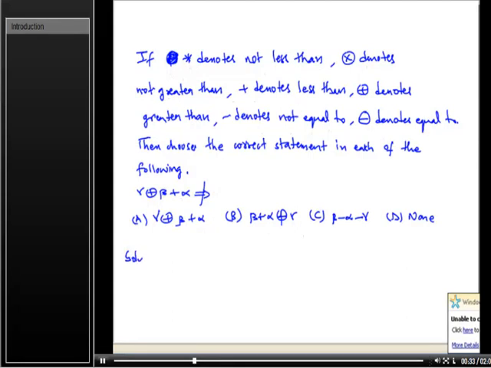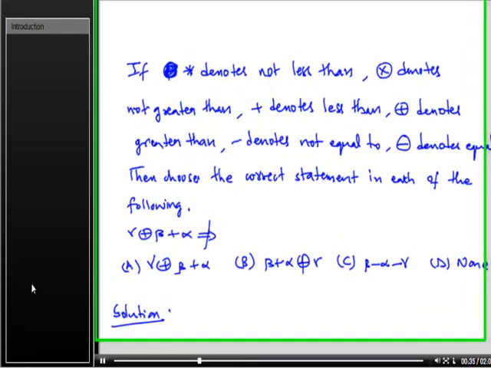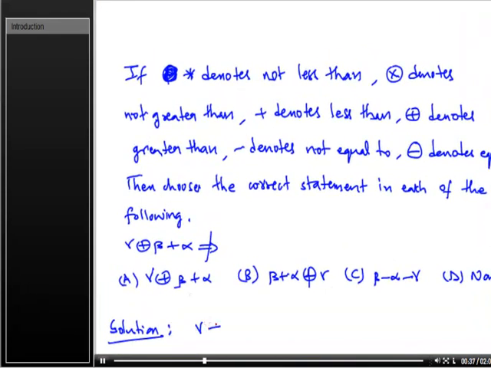Let us begin with the solution. Given statement is gamma, binary operation plus, beta plus alpha. This implies gamma, binary operation plus means greater than, beta plus means less than alpha. This is the given inequation.